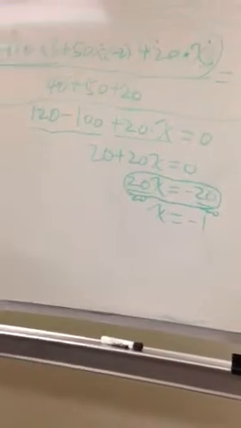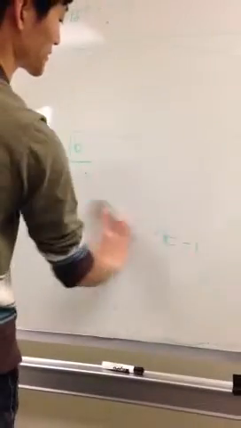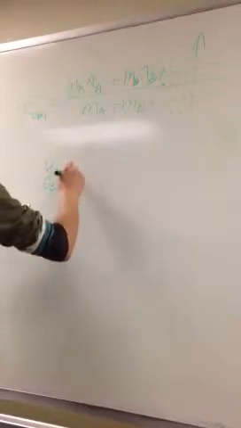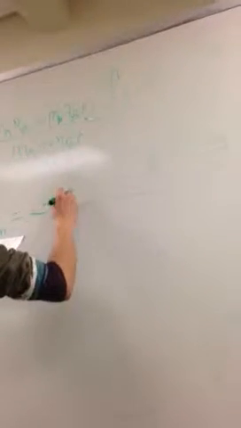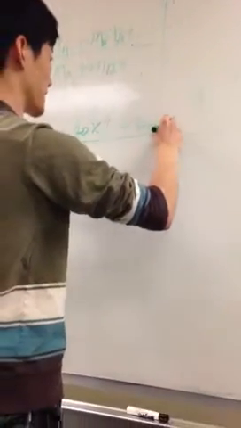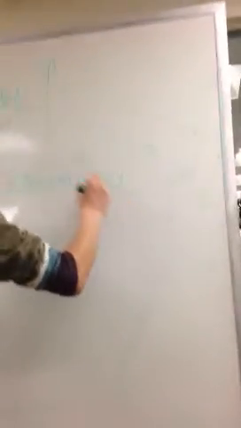Yeah, now we have to find y. But it's the same way of calculation. For y, the center of mass will be 40 times 4 plus 50 times negative 6 plus 20 times y, we don't know the y.